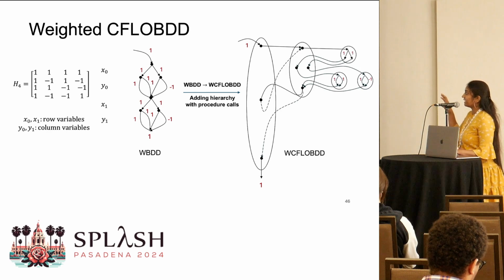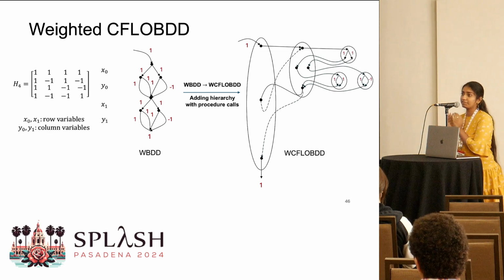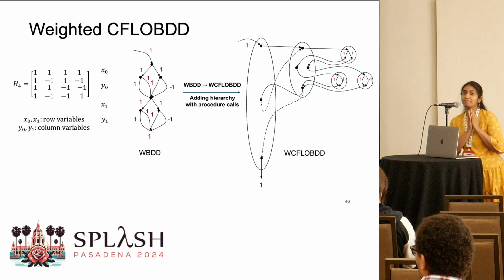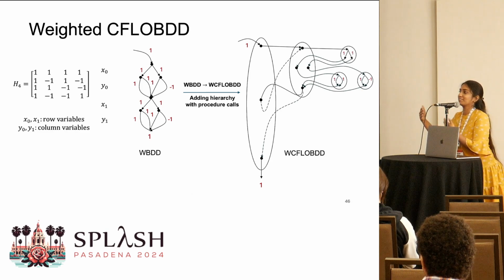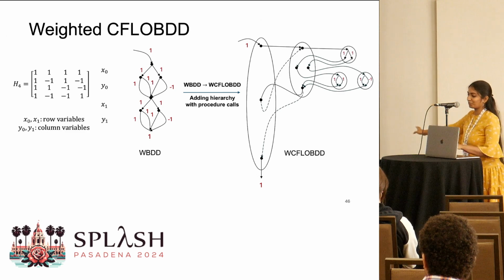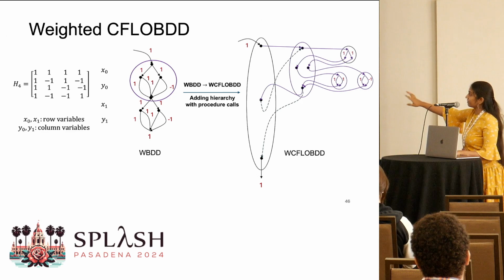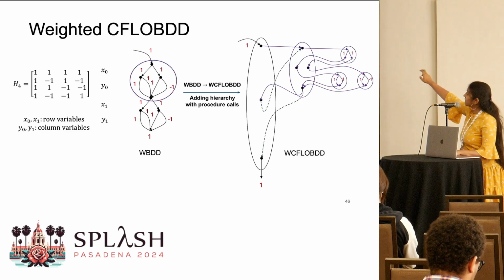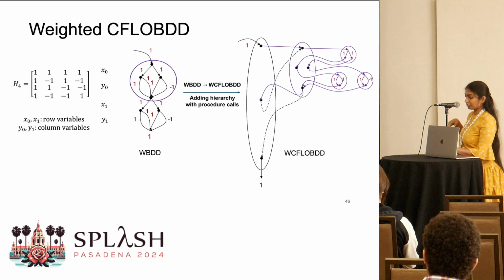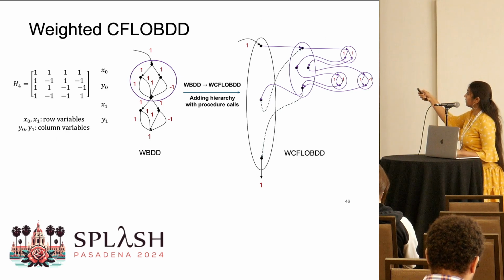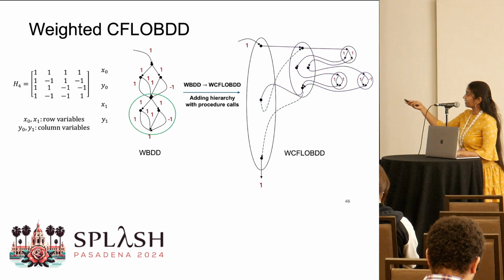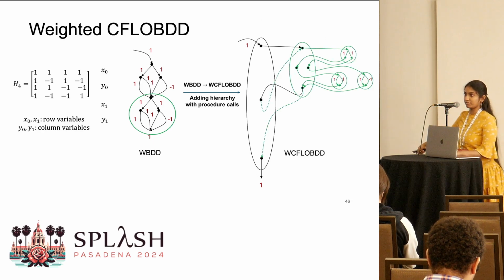So this idea of procedure calls is giving you savings, and when you add this at every level, it gives savings on savings on savings, and thereby you have a much more compressed representation. So if you see the x0, y0 part of the weighted BDD, it is represented by this blue highlighted structure through the solid purple edges, and the green structure corresponding to x1, y1 is now represented by the same structure, but through the dotted edges.